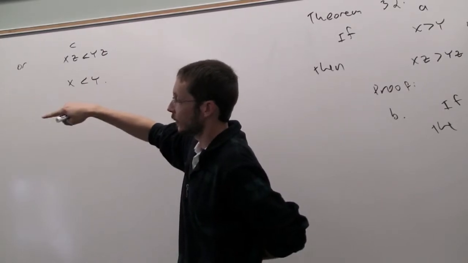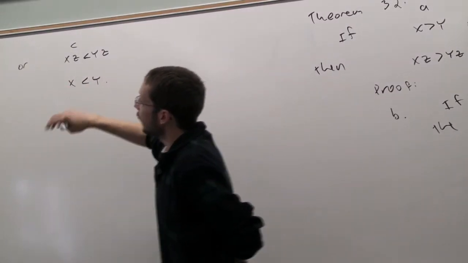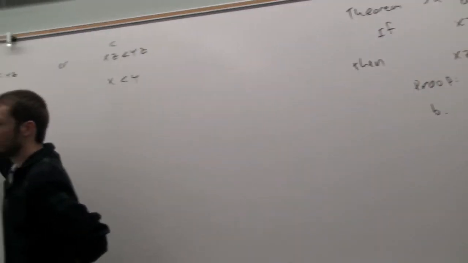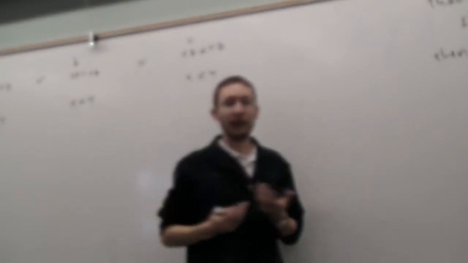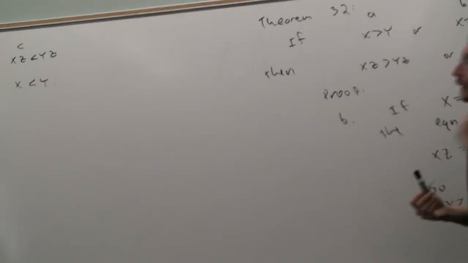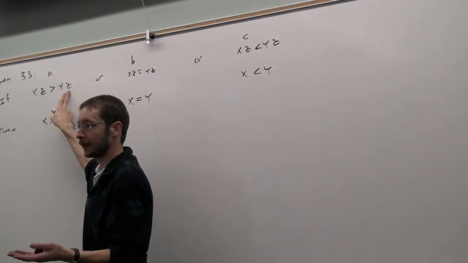If you think back to the additive version, it says if x plus z is greater than y plus z, then x had to be greater than y. Everyone remember that? So in additive versions of these, I basically cooked up a proof where we used subtraction without ever using subtraction. Because we haven't defined subtraction, we've only defined addition, right? And this would be really, really easy if we could just, in this case, divide by z. We don't have division, so we can't do that.